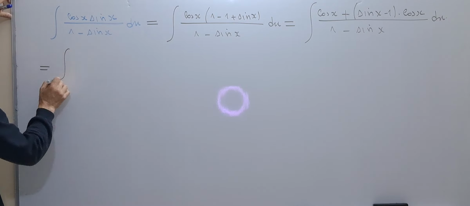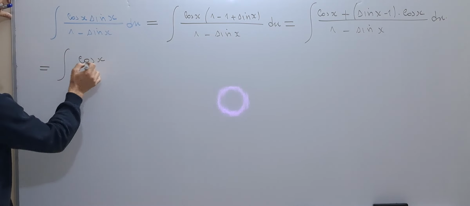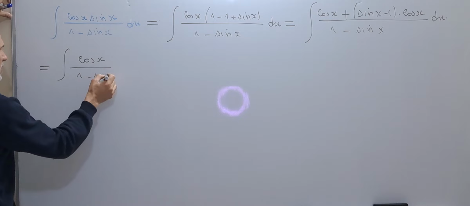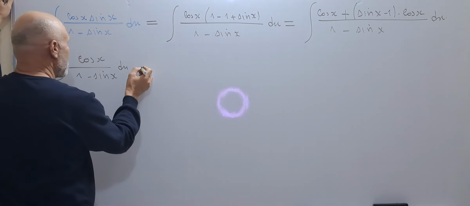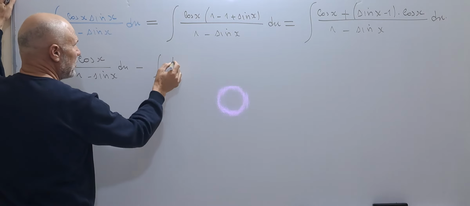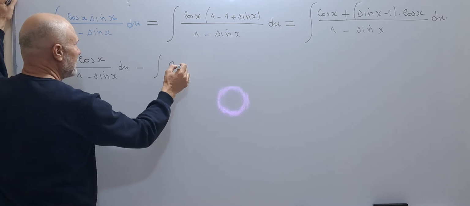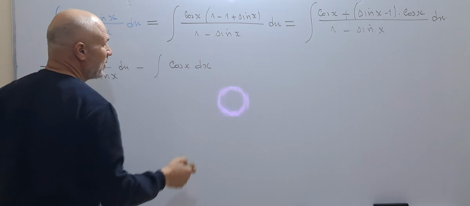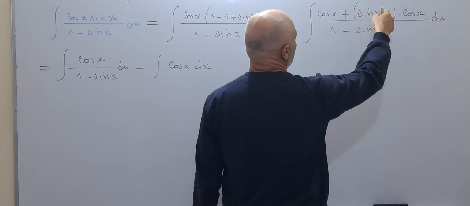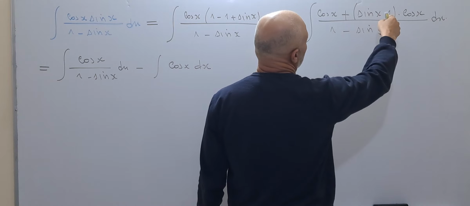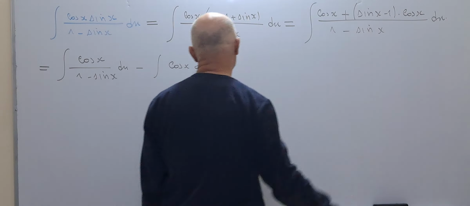This is equal to the integral of cosine x over 1 minus sine x dx minus the integral of cosine x dx. Why? Because here we take minus 1, so we get minus 1 minus sine x, and we can simplify.